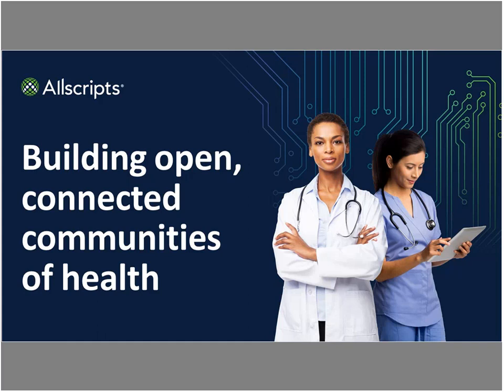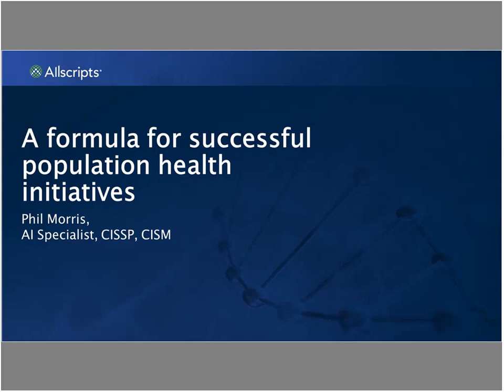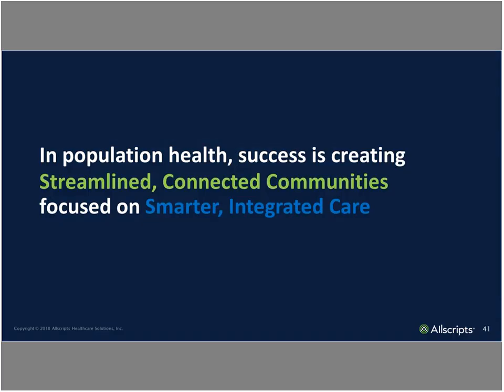I'm going to spend a few moments here talking about what I call a formula for successful population health initiatives. At Allscripts, we see population health as building these open, connected communities of health that rely on a variety of different types of technologies.